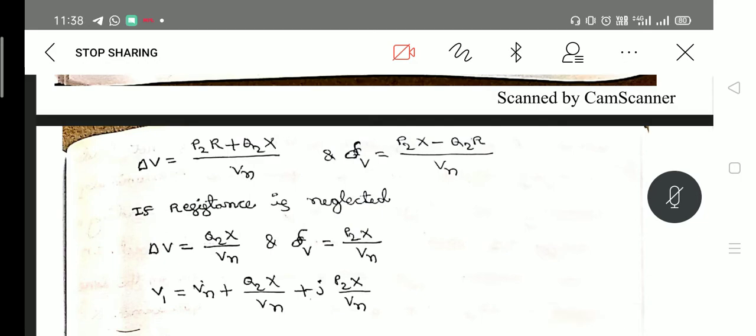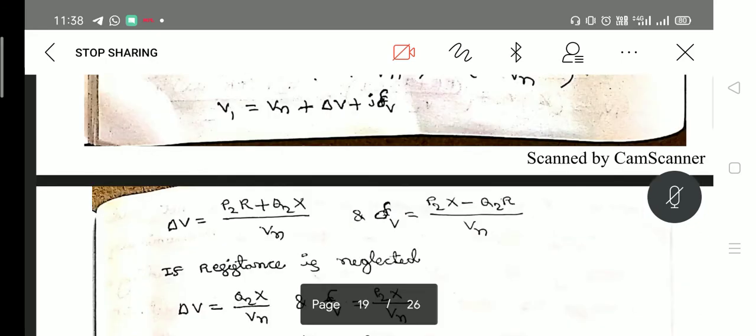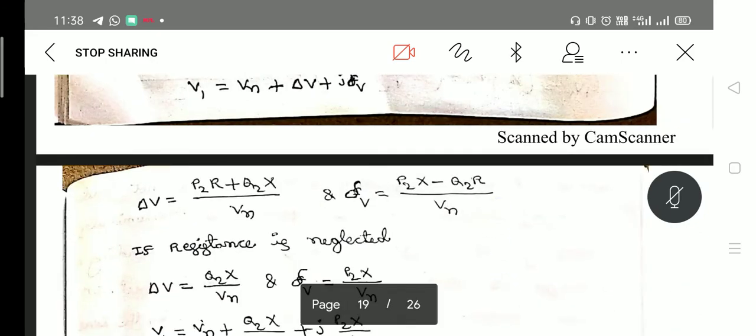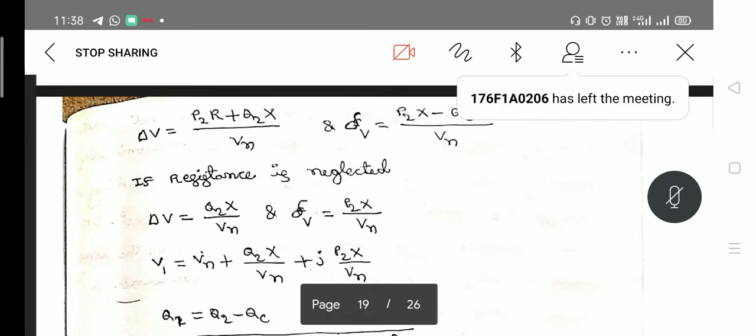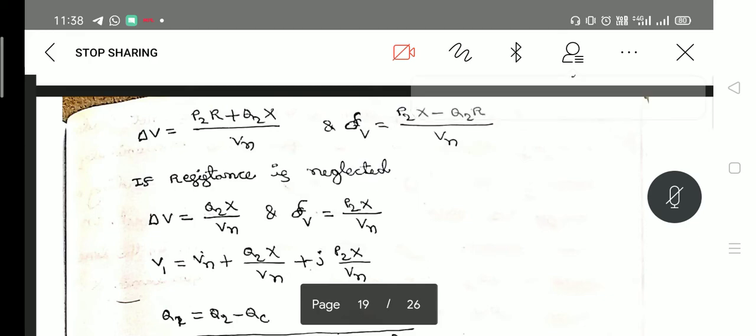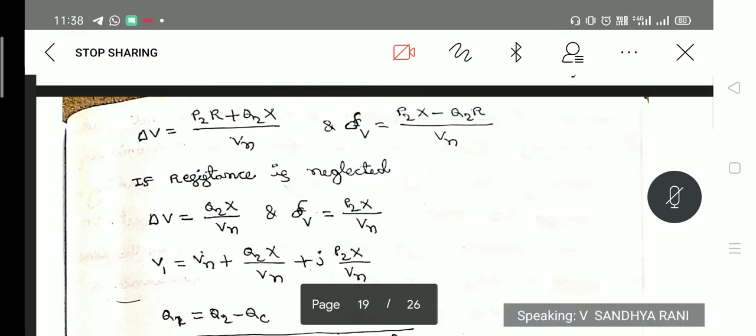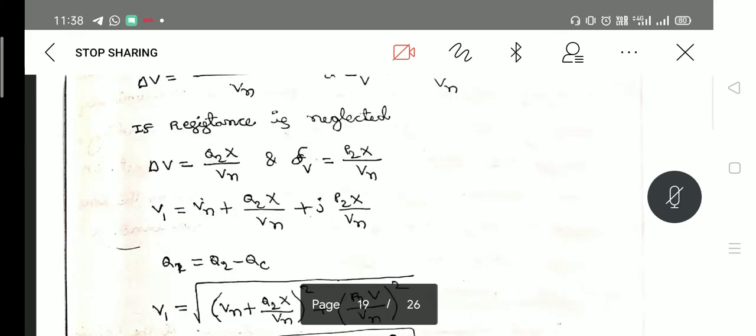If resistance is neglected in these terms, then delta V1 is equal to Q2X by Vn and delta V2 is equal to P2X by Vn.